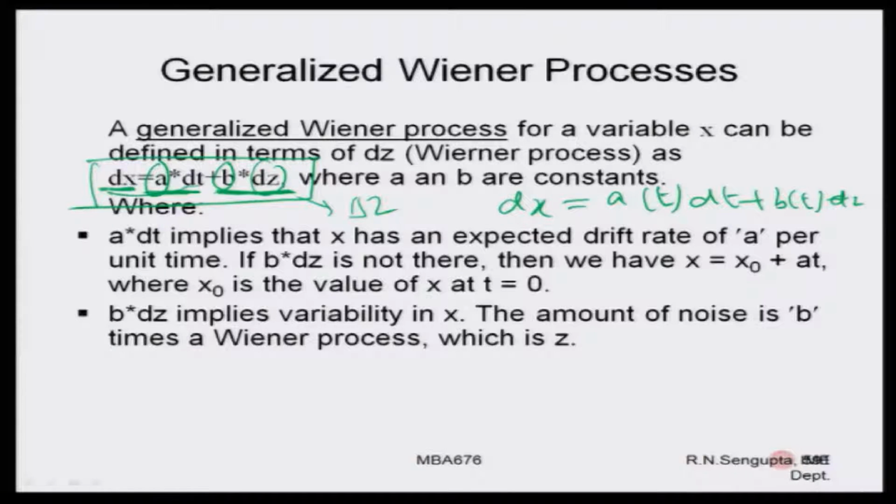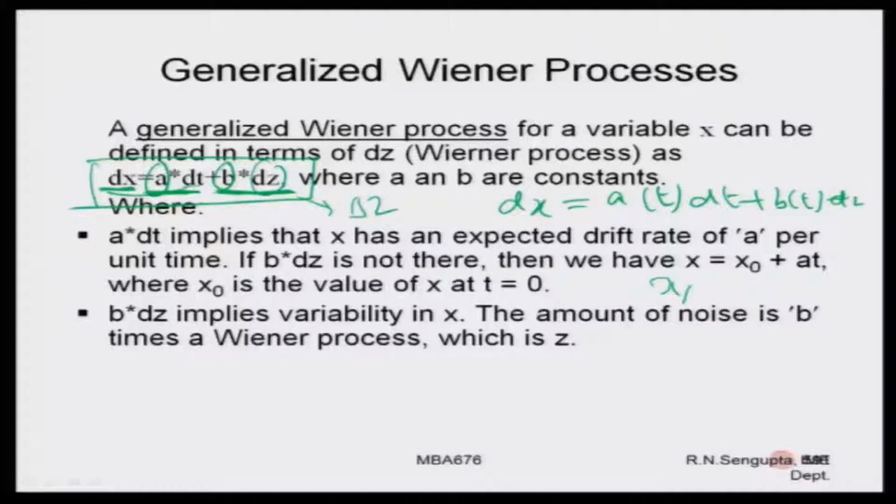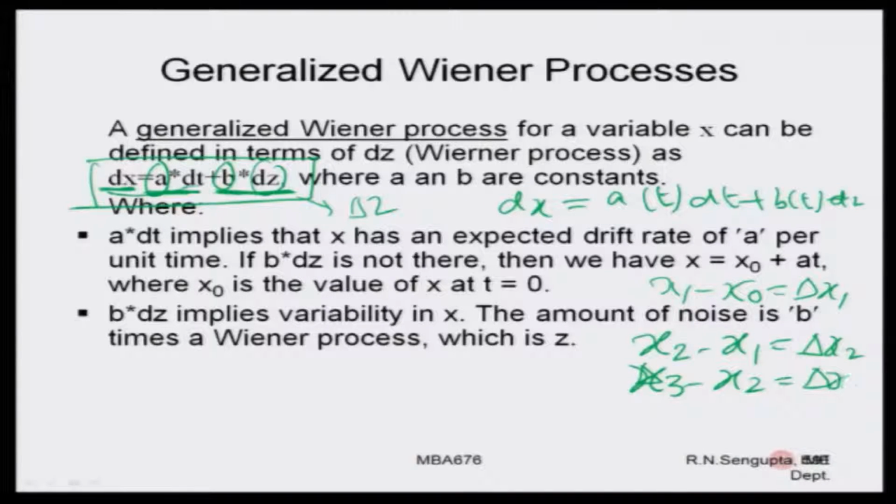If b into dz is not there, then we would basically have the equation x is equal to x0 plus at, where x0 is the starting value. If I want to find out delta x, and we consider that the first difference in the first instant is delta x1, it will be x1 minus x0 is equal to delta x1. For the second one, it will be x2 minus x1 is equal to delta x2. For the third one, it will be x3 minus x2 is equal to delta x3.